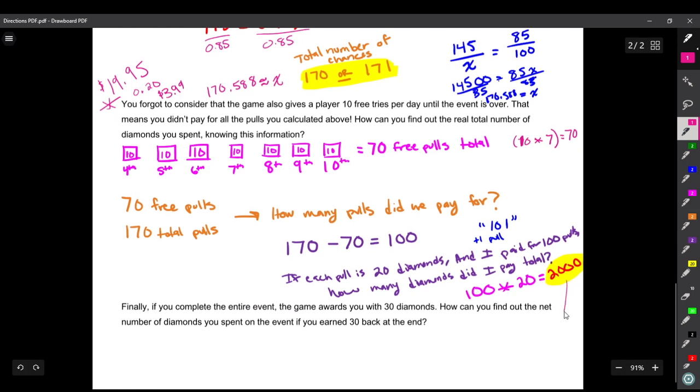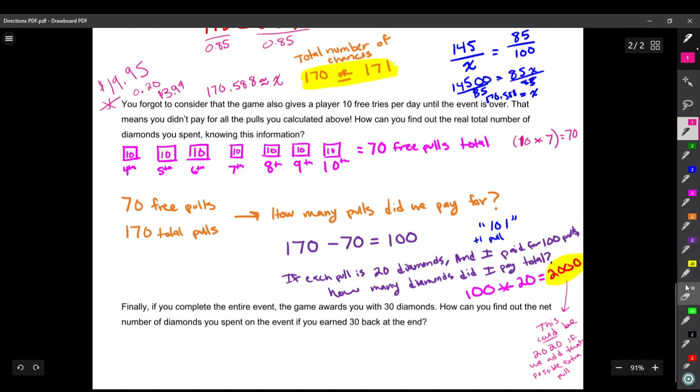I'm just going to say this could be 2,020 if we add that possible extra pull, because we aren't totally sure. They didn't give us enough information to get us completely accurate.